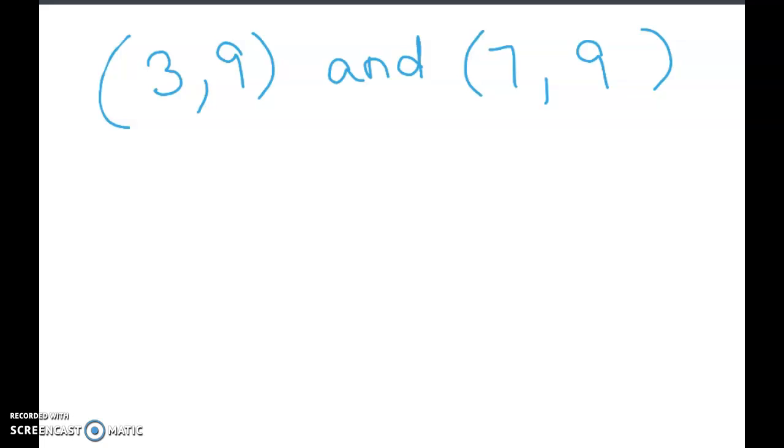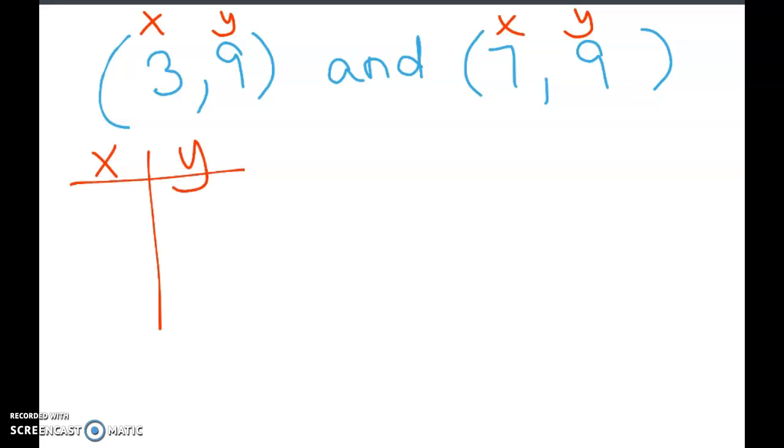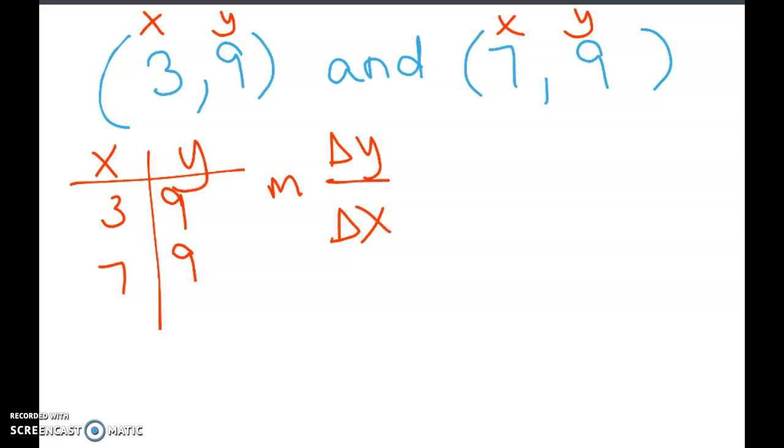The way that you should have solved this problem is to, first, remember that these ordered pairs represent your x and your y values on a coordinate plane. So if you make a table of this, you can figure out the slope of the line that these 2 points fall on. Remember, the change in y over the change in x is how you find your slope.